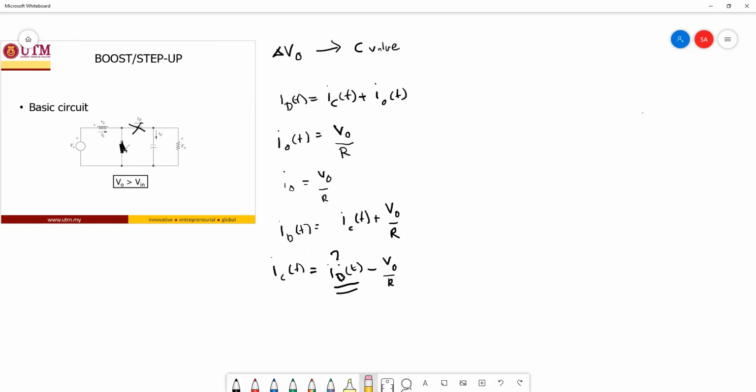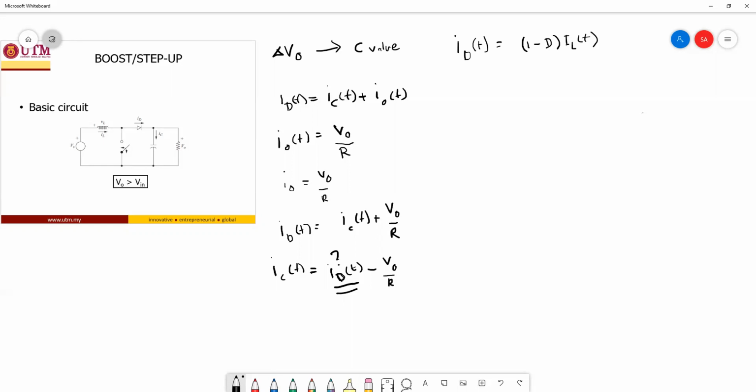But when the switch is off, the inductor current flows through the diode. So the relationship is that I diode is equal to I L of t only during the switch off, which is 1 minus D.